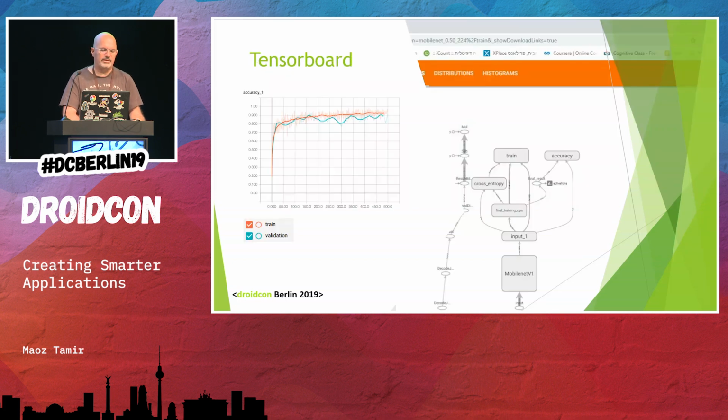You can see here that the training is going up at a steady rate, and you see the validation also, because we're using the training data for training, and the validation to validate that our training is okay. And if you see that kind of graph, you're usually on the right path.